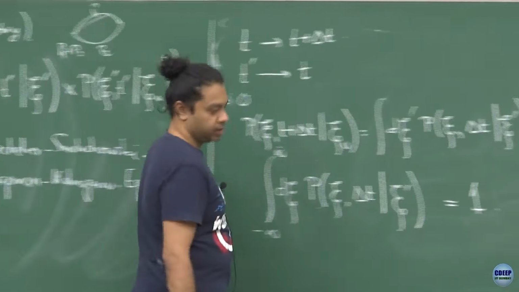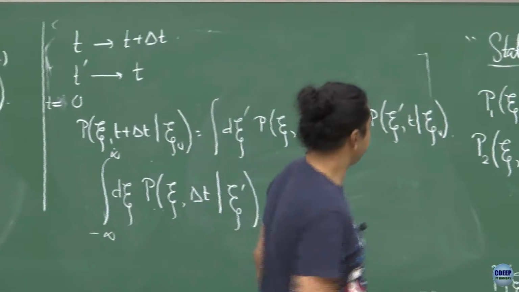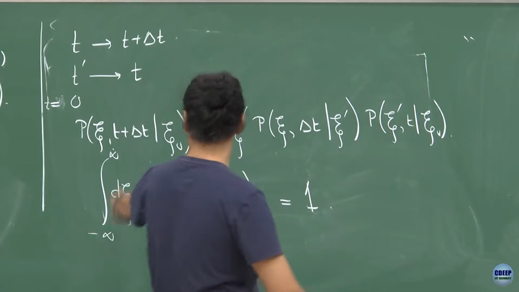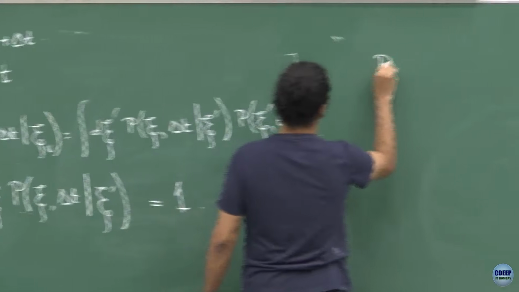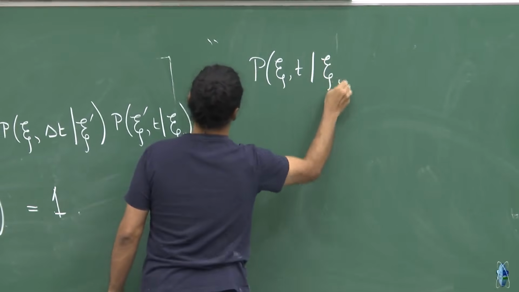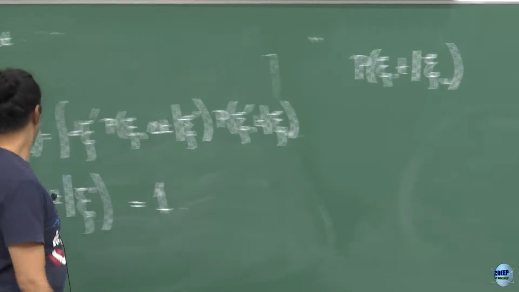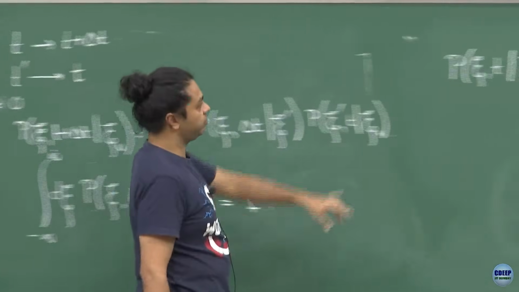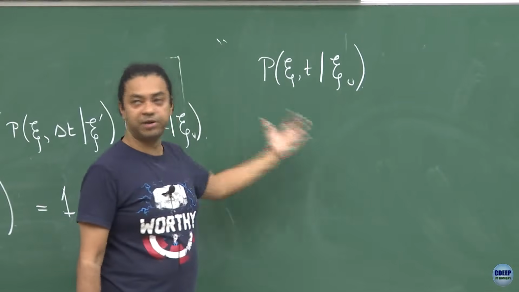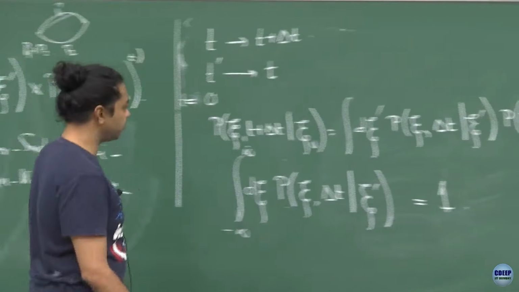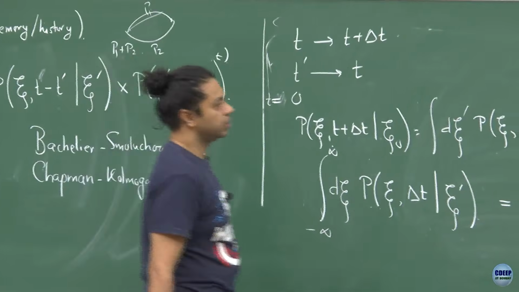Okay. So, then once I have this, I can use this to write. What I want is this thing, p of xi comma t given xi naught. I have p of xi, t plus delta t given xi naught. If I write this, I can subtract, divide by delta t, make that a derivative, write down a differential equation for how these probabilities evolve with time.